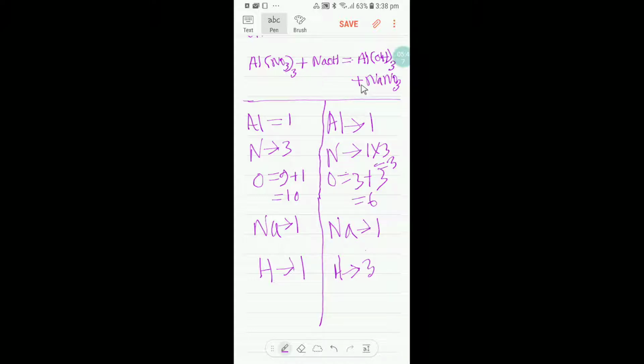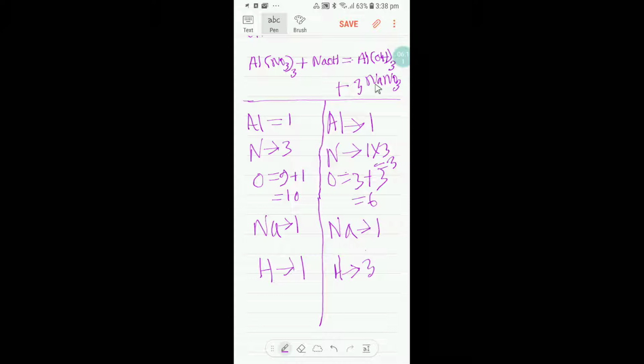So I will put here 3. Okay, let me put here 3, right? Okay, 3. So if I put here 3, I have to check the number of atoms here.